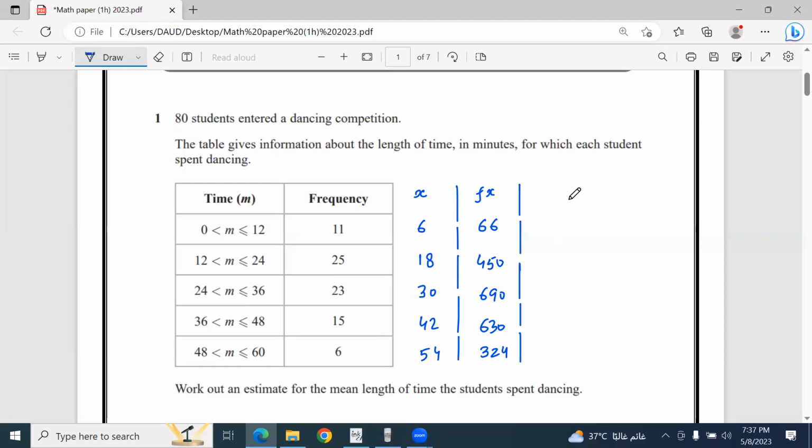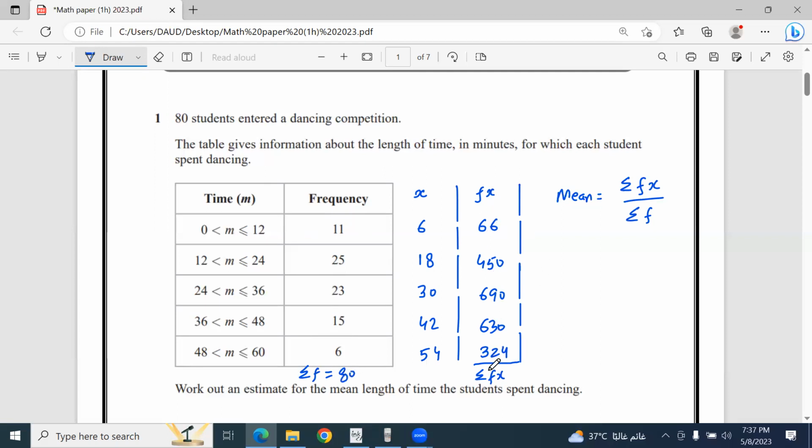After this, for grouped data, we can use this formula: mean is equal to summation fx over summation f. Summation means the sum of the values. So the sum of all these fx, summation fx, and the sum of all frequencies, summation f, which we know from the start of the question is 80 students.